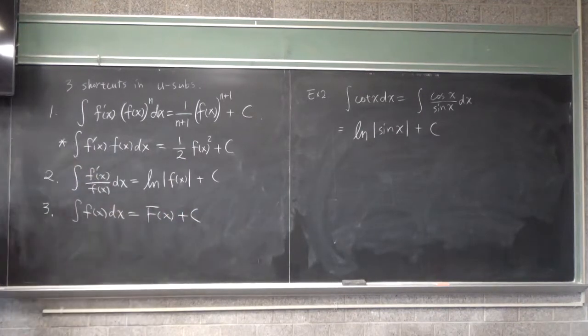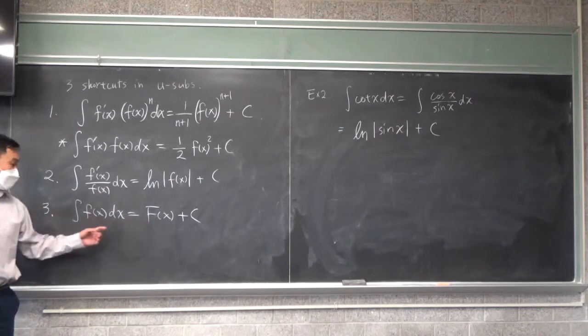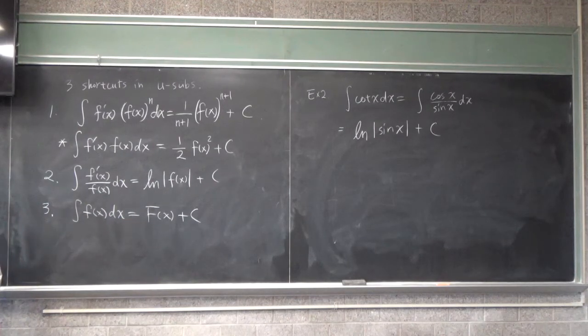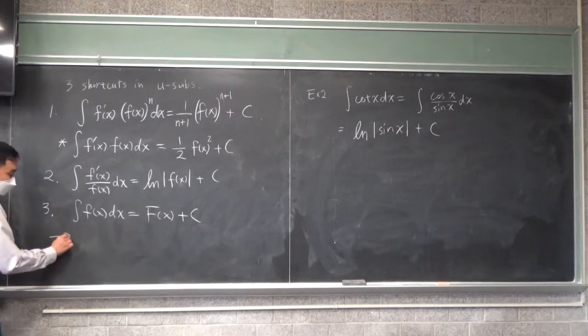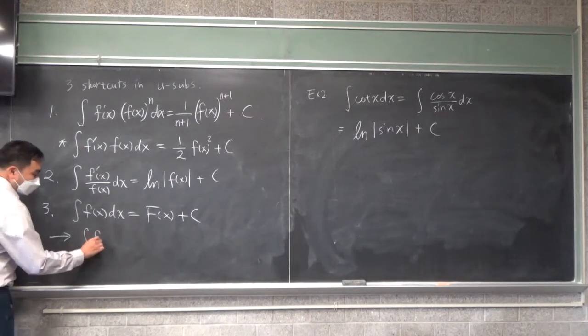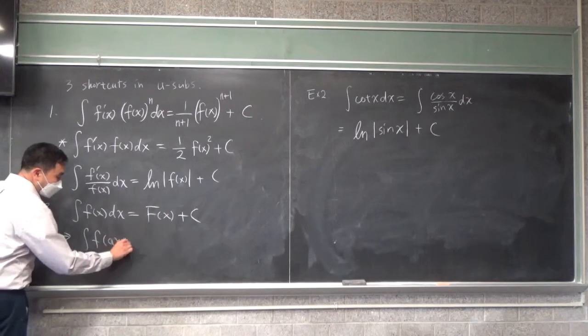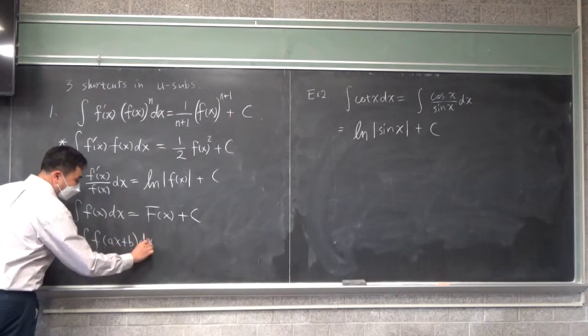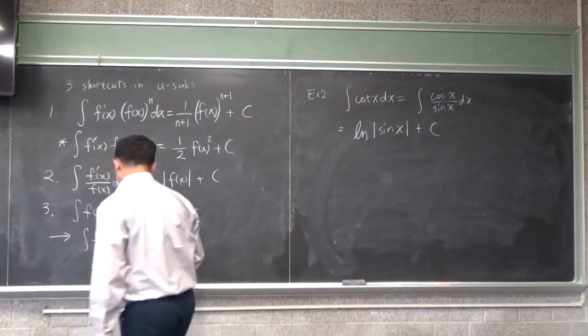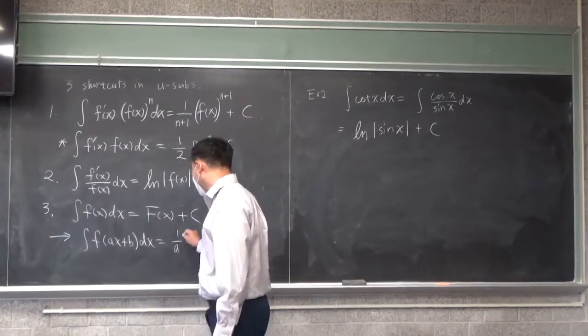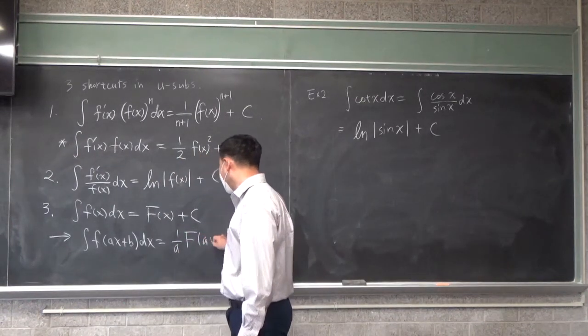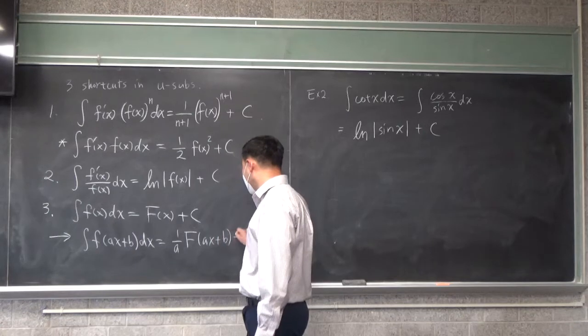In other words, let's denote by capital F of x the antiderivative of the small f of x. If you have that, then the integral of f of ax plus b dx is going to be 1 over a capital F of ax plus b, plus c.